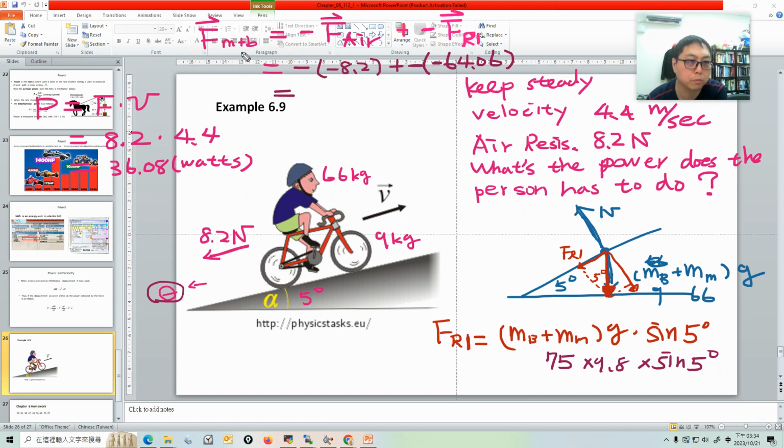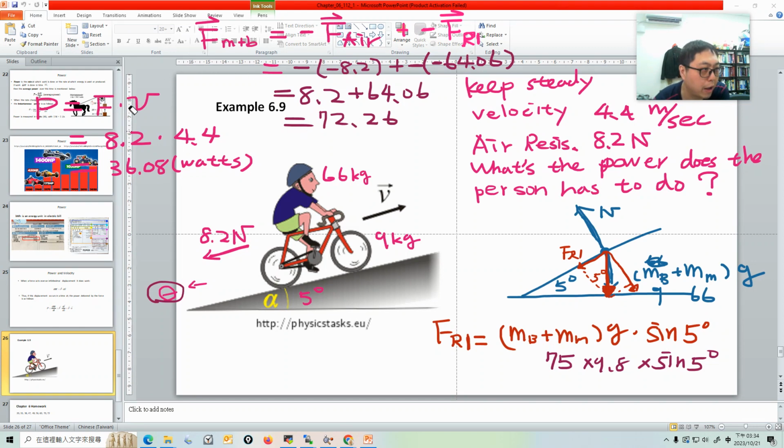The force you produce has a direction reverse to your resistance. So it's 8.2 plus 64.06, which is 72.26.